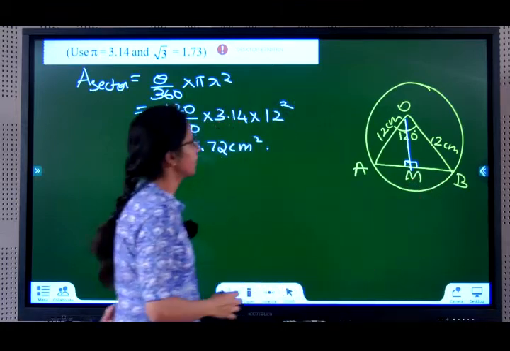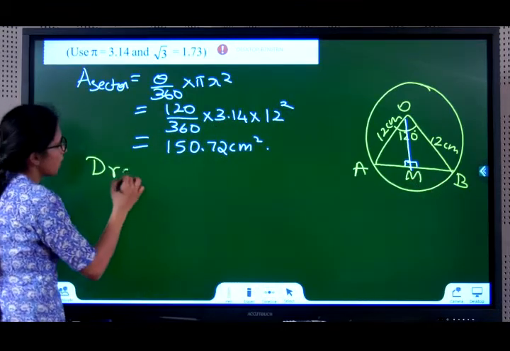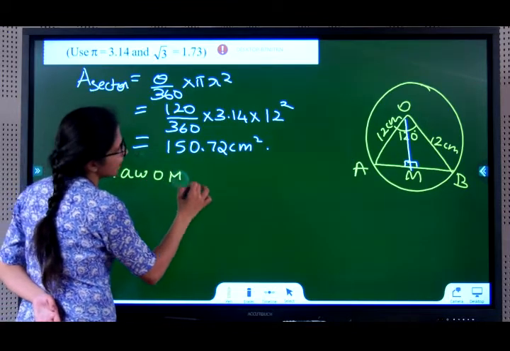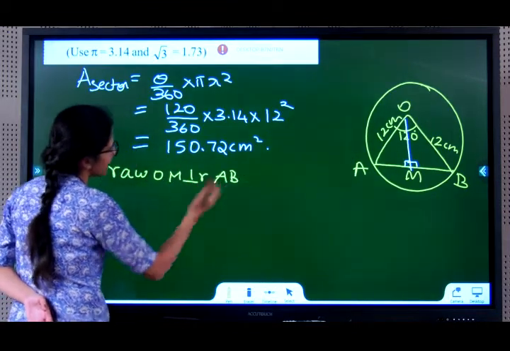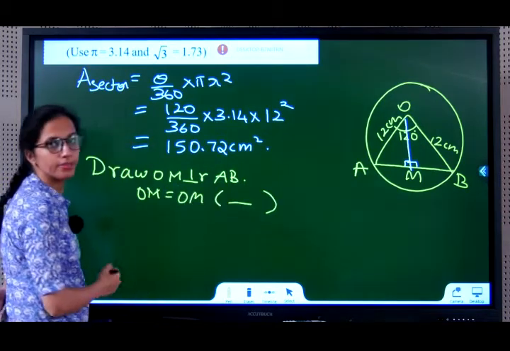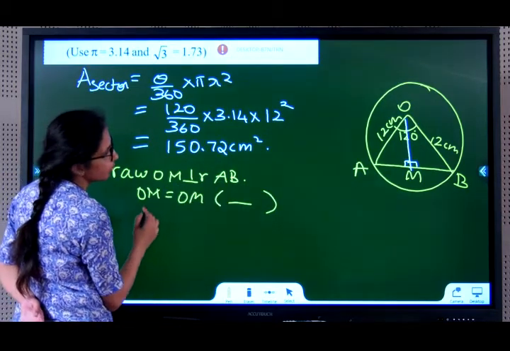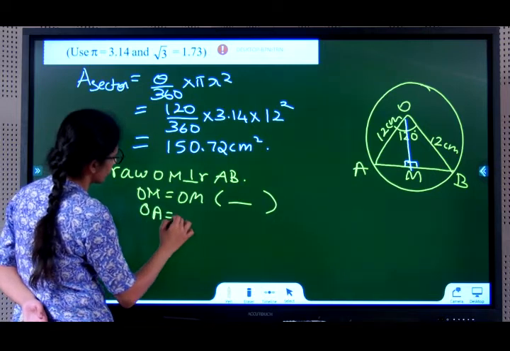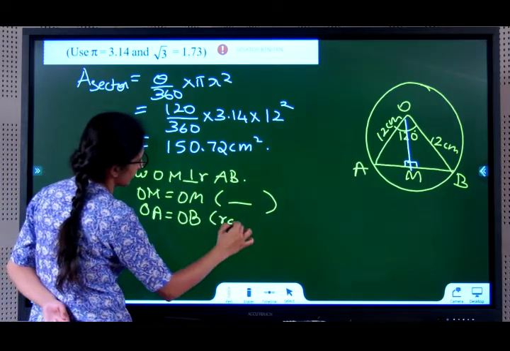Now in order to do the triangle, first we have to prove that these two are congruent, right? So first step, write down, draw OM perpendicular to AB. Next, OM equals OM common. OA equals OB, radii.